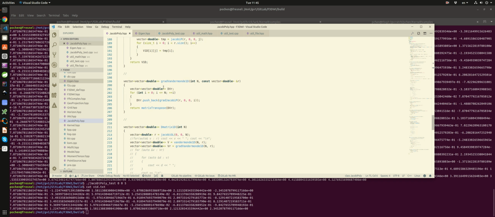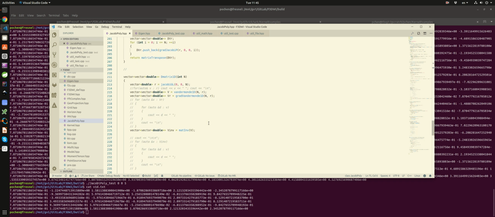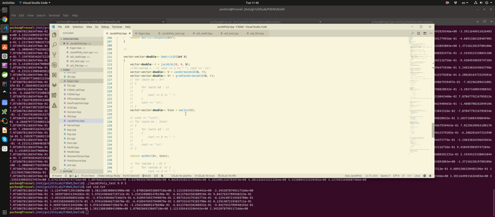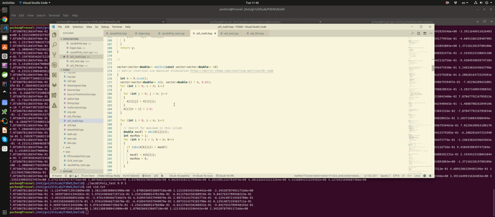So once we have both functions, all we need is another function to compute the inverse of the V matrix. Here we have a matinf. This matrix inverse routine is based upon Gauss elimination. That's a function that I grabbed from the internet.